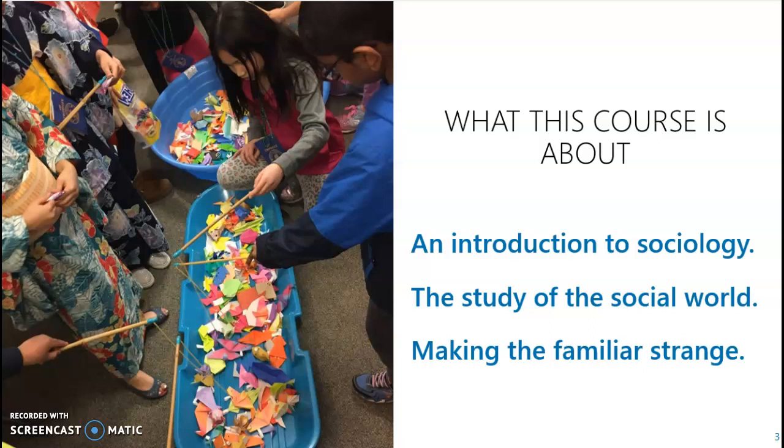We look at these things and we look at them in a new way through the lens of the sociological imagination. So your first quiz question asks you, what does our textbook author, Dalton Conley, say? He says that sociology is making the familiar strange. So go ahead and mark that answer, and we will continue.